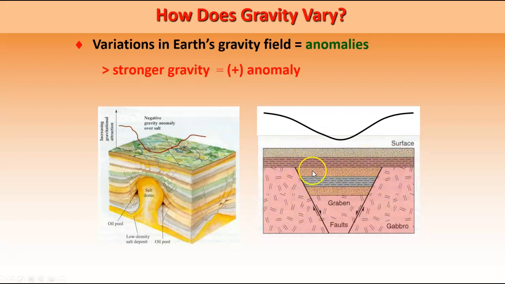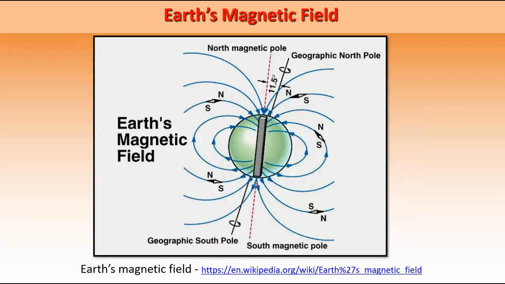And so it would indicate that there maybe is a structure down there that we can investigate. So we can use a gravimeter to measure gravity, and that can help us determine what's going on at depth. So that's another way we can look in the Earth without actually going down there and drilling into it.